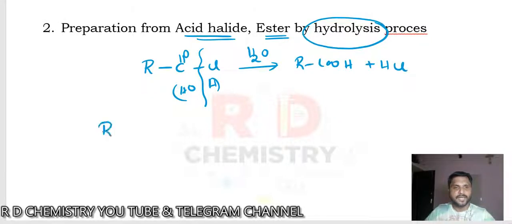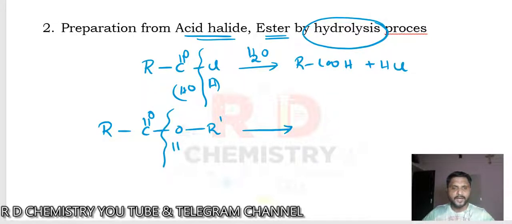Esters have the formula R, C double bond O, O R dash, right? In acid hydrolysis or basic hydrolysis, what you have to do is add water molecule across the carbonyl group and oxygen to give carboxylic acid RCOOH and R dash OH alcohol. Correct?